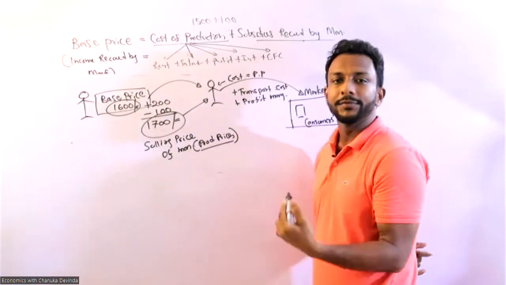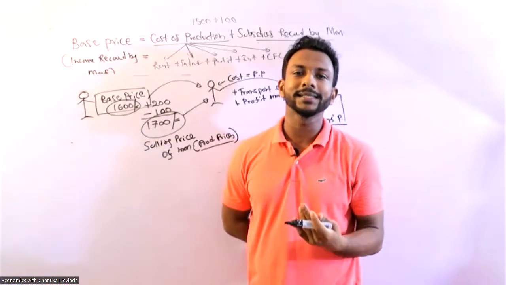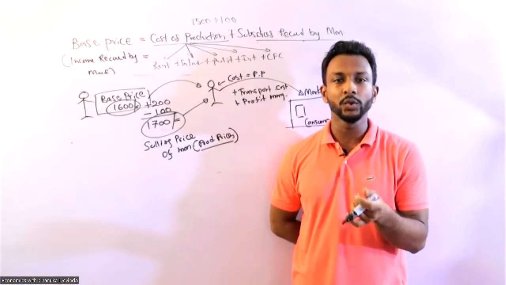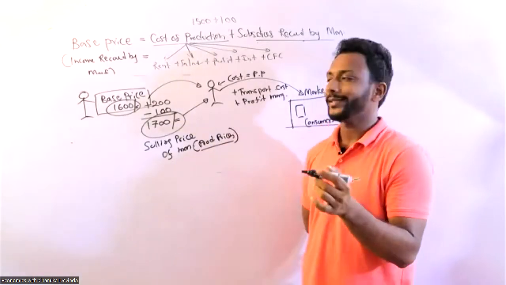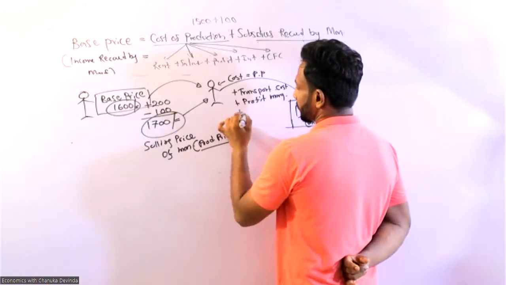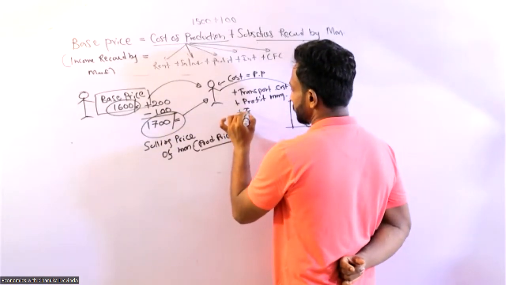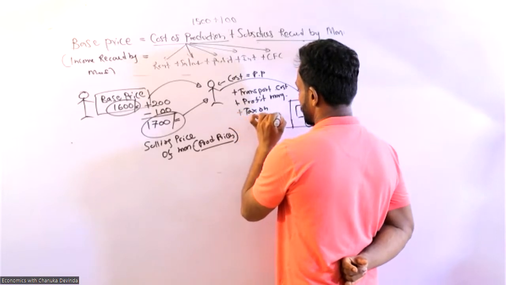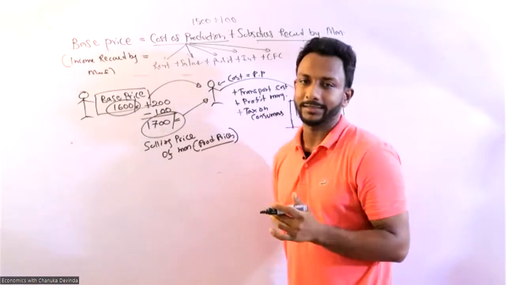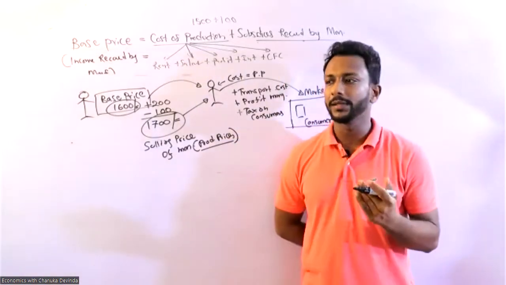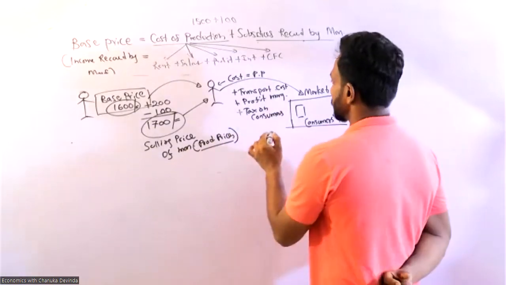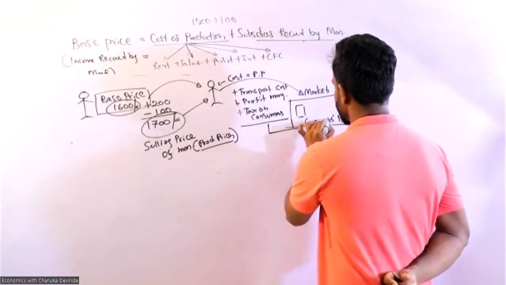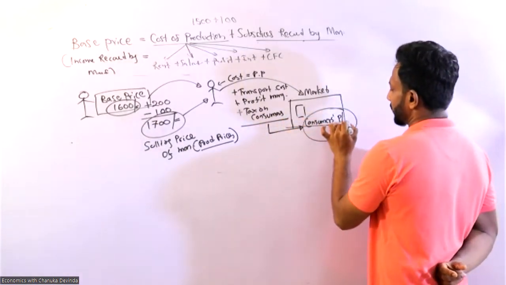But if there are any taxes that need to be paid by the consumer, he needs to add that tax on the product, tax on consumers. That means non-deductible tax, right? That means non-refundable or non-deductible tax on the consumer. So all the things together, the consumer can purchase that good at the consumer price.